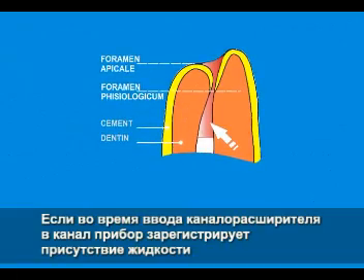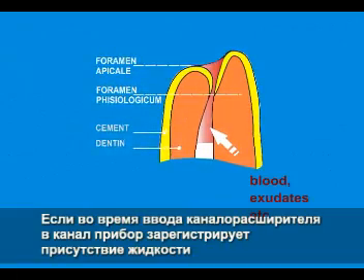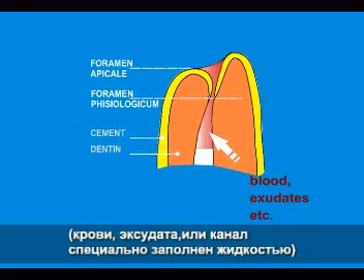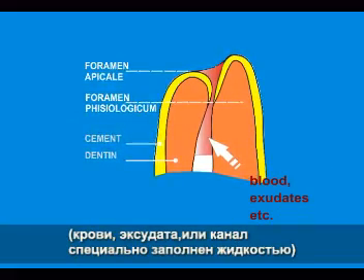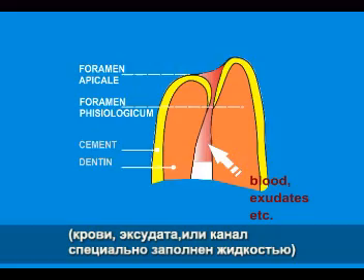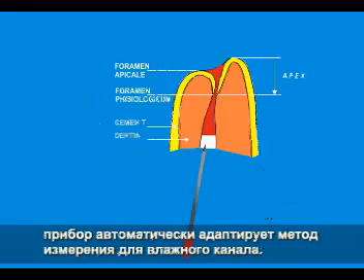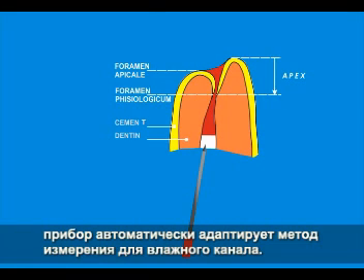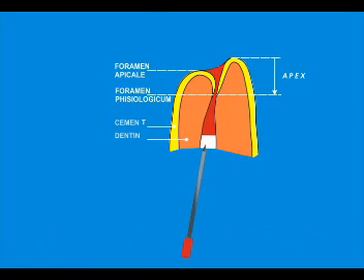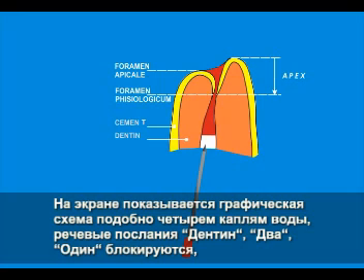If during the insertion of the tip of the file in the canal, the device determines a presence of liquid, blood, exudate, or the canal is filled with liquid, the device adapts automatically the method of measurement to the wet canal. On the screen is shown a graphic scheme like for water troughs.